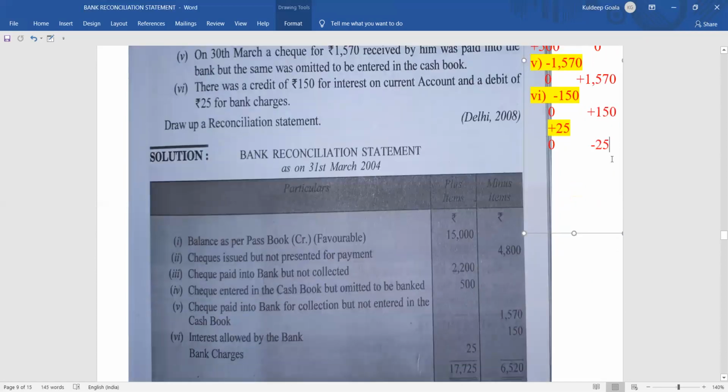You have to go in the rough, and in the rough you have to find out what is the plus item. Every time you have to follow the same pattern. Okay, doesn't matter whether it is favorable or unfavorable, no problem in that. Every time you have to do the same thing.